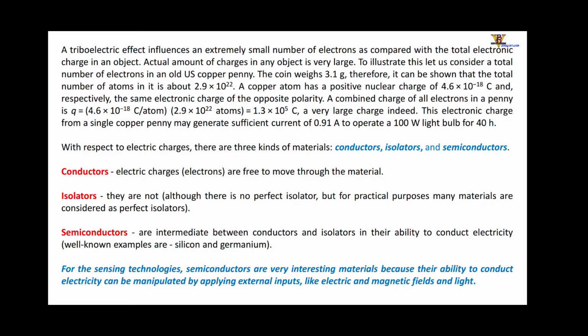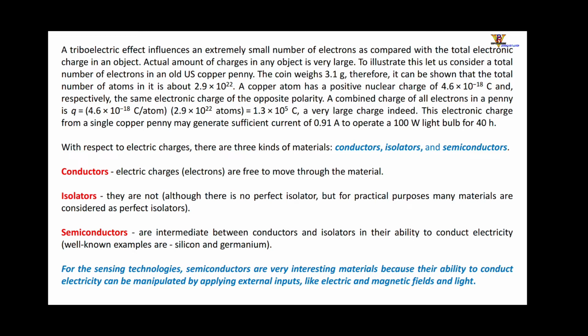It is a very large charge, as we know that 10^5 is a big quantity. This electronic charge from a single copper penny may generate sufficient current of 0.91 ampere to operate a 100-watt light bulb for 40 hours.